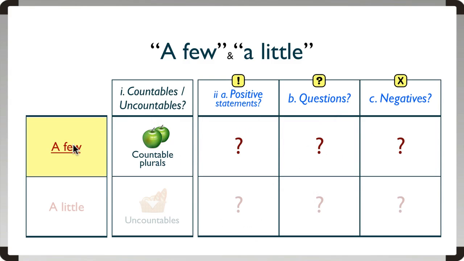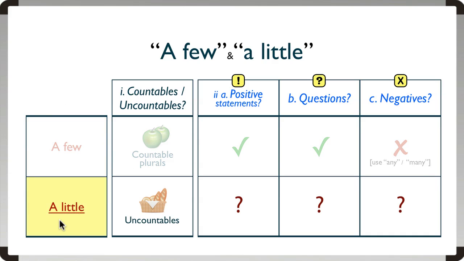Let's complete our table for a few. So, in the positive statement, a few is fine. It's also correct with questions, but in negatives, a few does not work. Instead, we should use any or many. So that's a few. Let's now turn to a little.